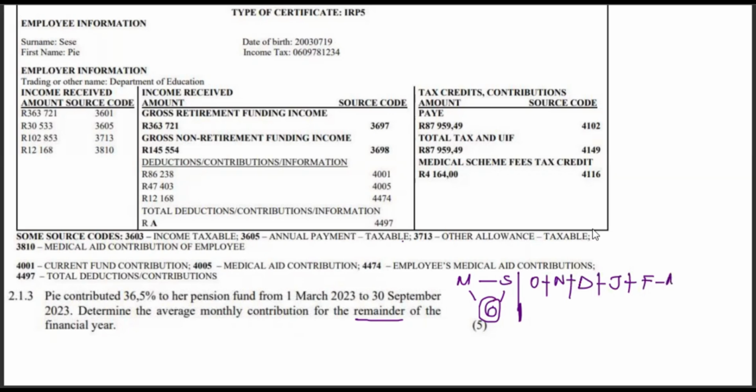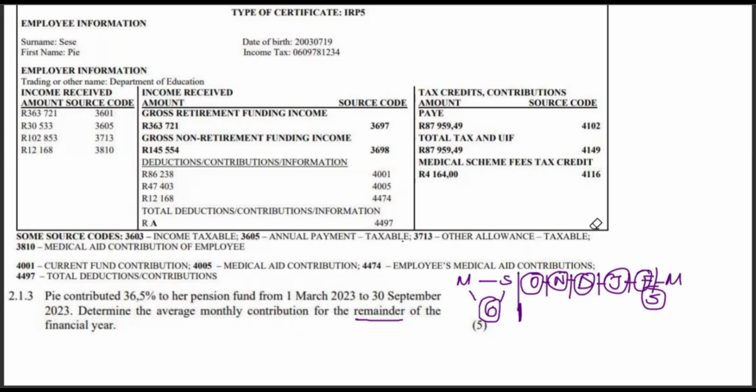So February to March, because this one starts 1st March, makes it 5. Since we're looking at the remainder, the remainder is 5, because we have October, 1, 2, 3, 4, 5. You understand? So there are 5 months.